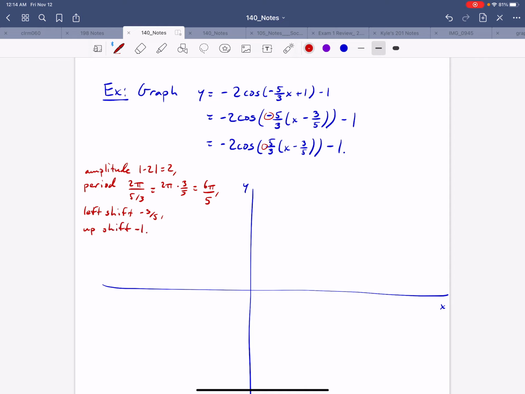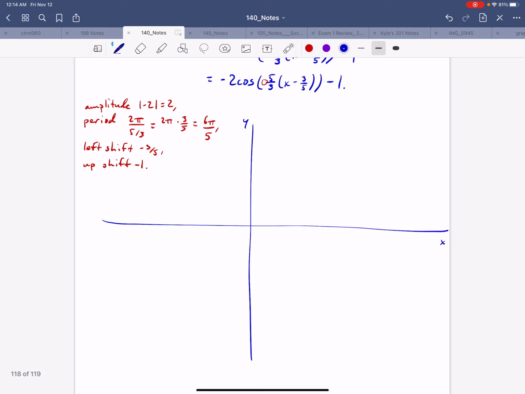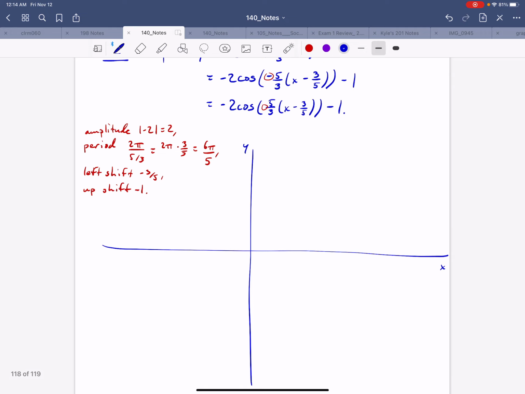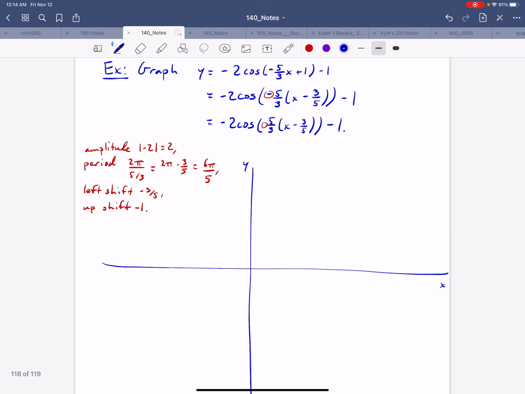Okay? So let's take a second. Maybe you can pause the video. Try to graph it yourself. All right, so now let's consider our x values. Leftward shift of -3/5 means rightward shift of 3/5. Our period is 6 pi over 5, so that's like 18/5 or so, which is a little bit more than 3.